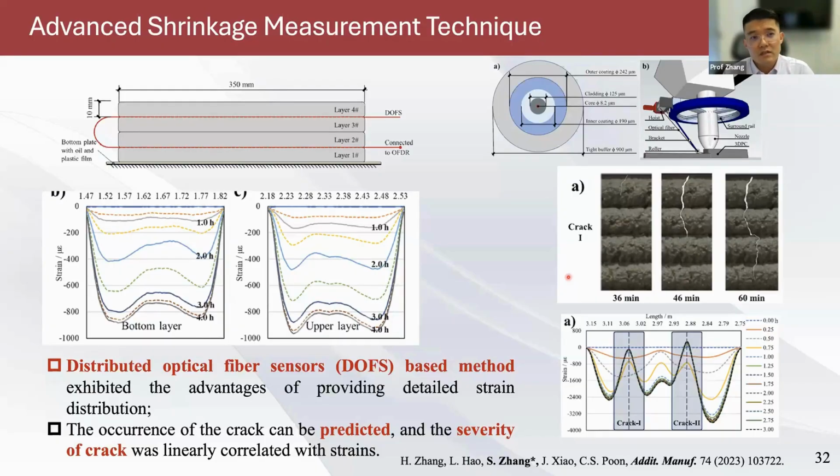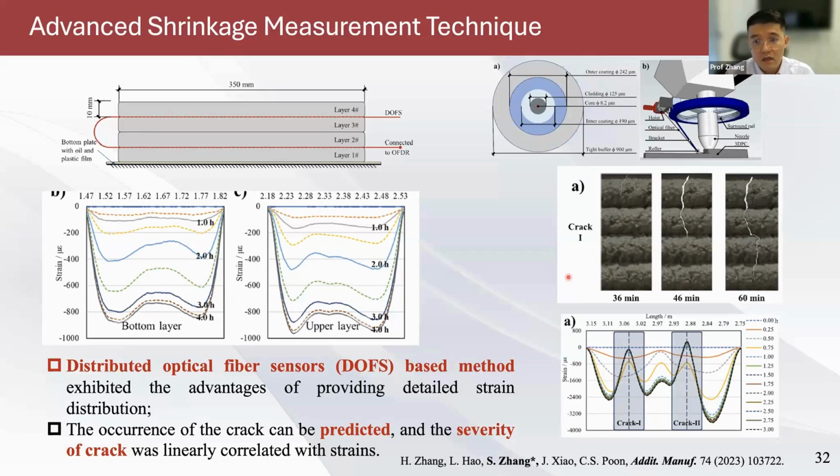Okay, but there is no existing methodology that can measure the shrinkage. So we developed our own distributed optical fiber sensor-based method, the DOFS-based method, to continuously monitor the shrinkage behavior of the concrete.